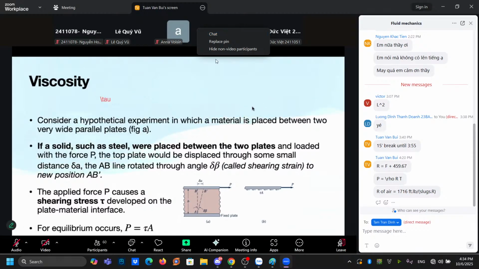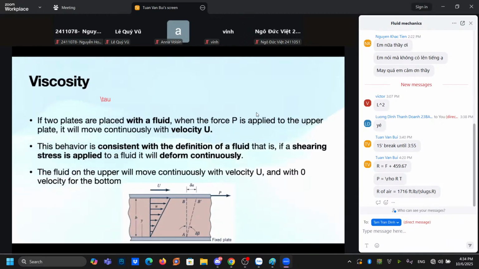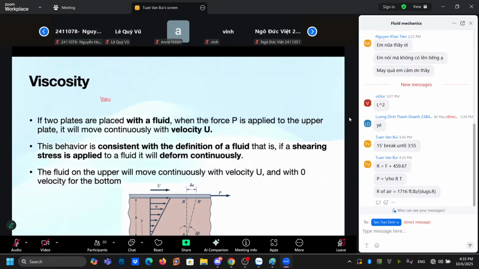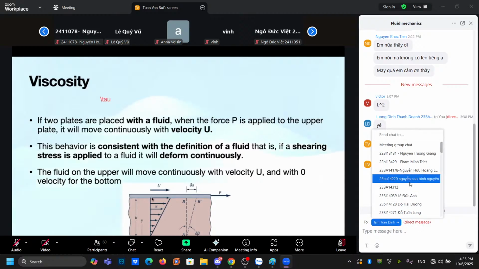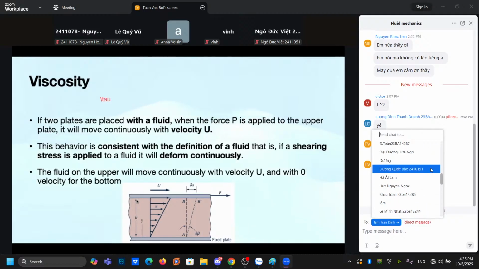In the fluid, we can see that the upper plate moves with the maximum velocity u, and at the bottom the velocity is zero. So we have a velocity gradient. On the figure, it varies in the direction from the bottom to the top, increasing linearly in this case: maximum u at the top, and 0 at the bottom.